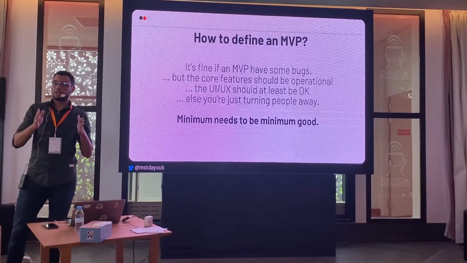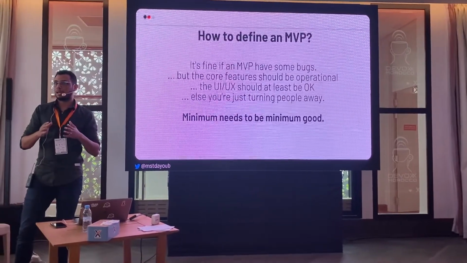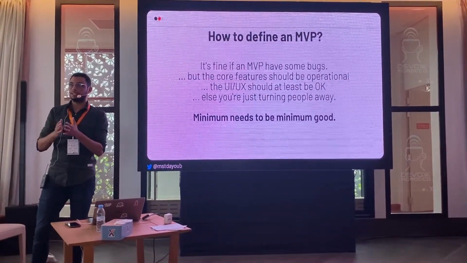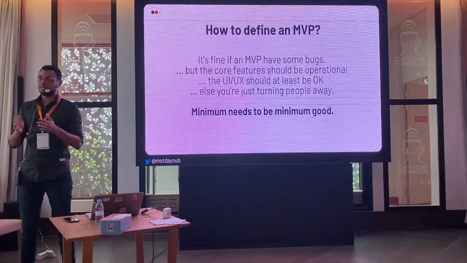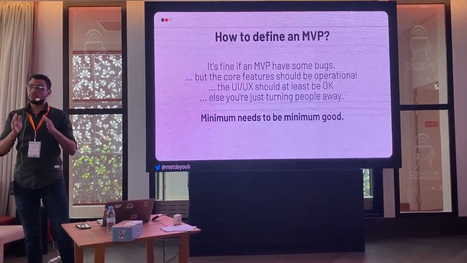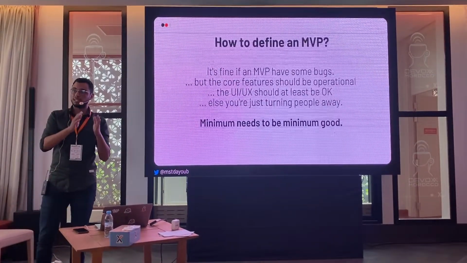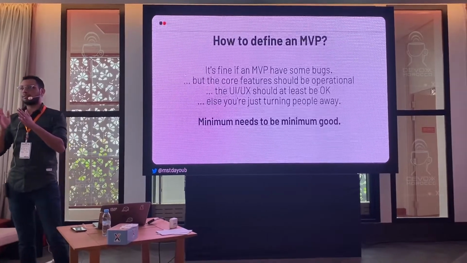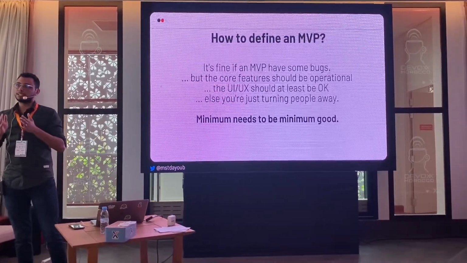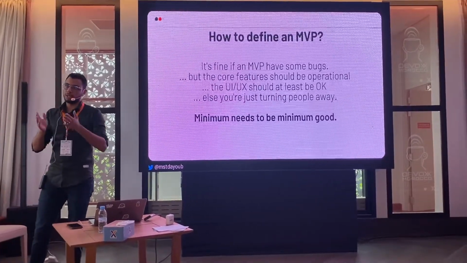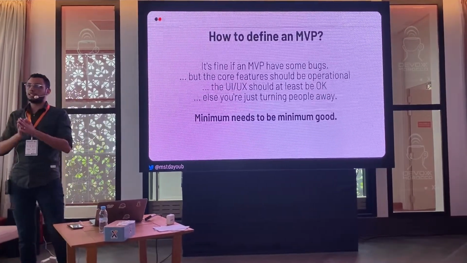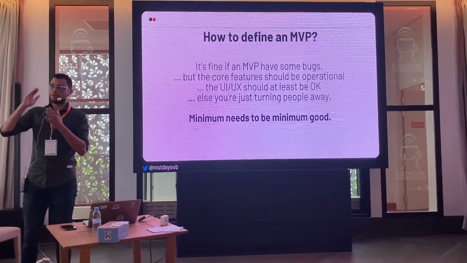But when you are building an MVP, maybe with unique features, maybe there is an entry barrier or something like this, you focus more on the core features and the basic features, but don't forget to have an appearance that is at least okay. I don't want to create an MVP with a button above another button.